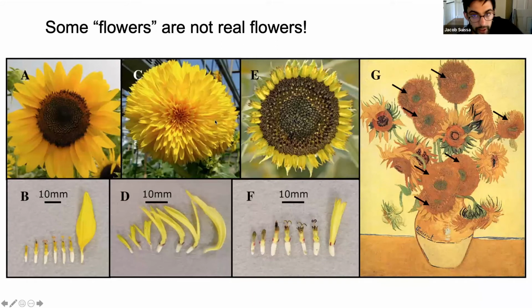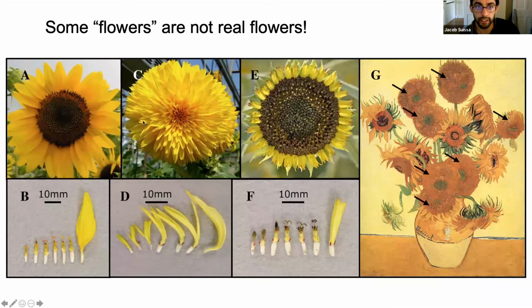But clearly, through breeding and artificial selection, we can modify these sunflowers to create either all ray flowers or all disc flowers, things like that. And again, this is a nice looking inflorescence, right? It's a nice looking cultivar, so that's why we would breed some of these this way.